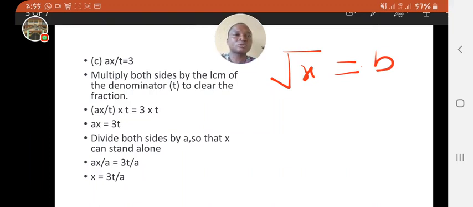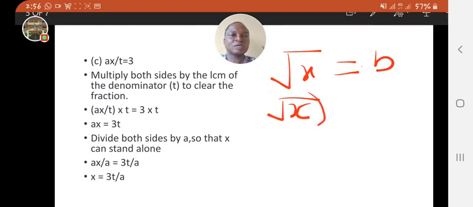Since this one is a square root covering the s and you want to make s stand alone, and like we said, square root is cancelled by square, what you do is take the square of both sides.